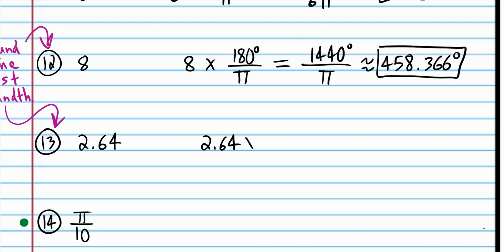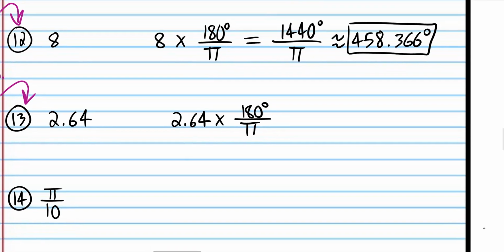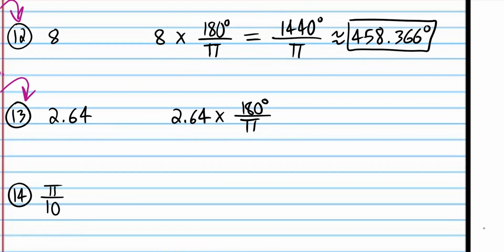2.64. We'll try one more before you try one on your own. And we can do this really quickly if we want. 180 times 2.64, enter, and then divided by the pi button, enter.